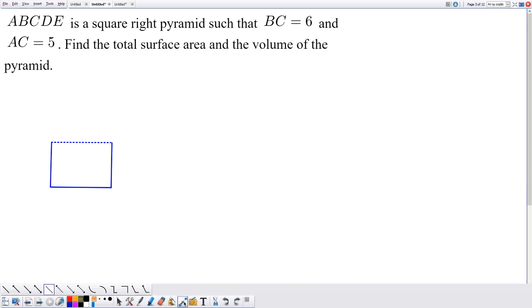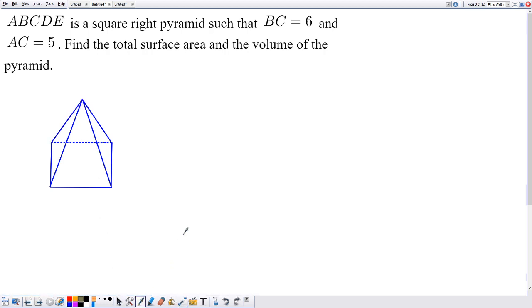And then we want all the vertices to meet at the apex of the pyramid, which we'll use a solid line for. And the apex will be right here, seems about right. And there we have our pyramid.